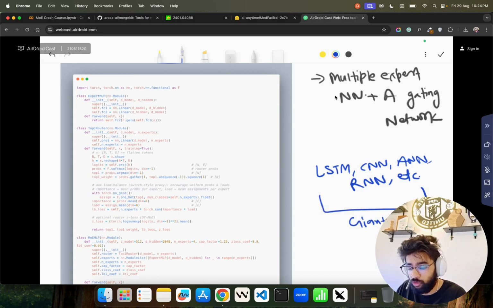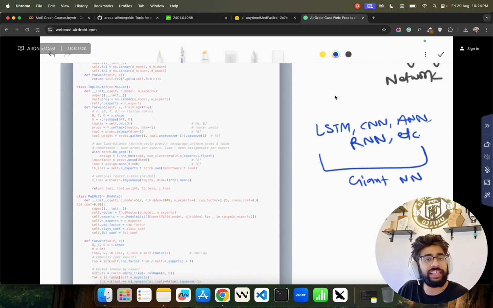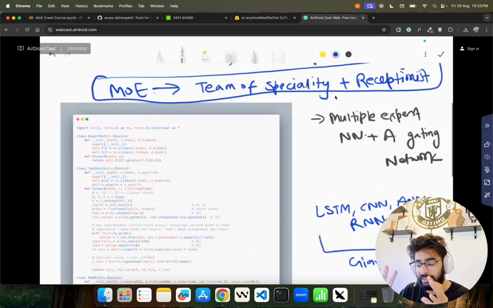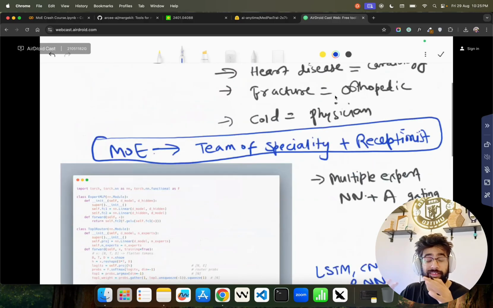So I'm writing giant NN. Now, they were basically jack of all trades. They were not specialists in certain domains. So that's the problem. Now MOE is basically a specialist and the gatekeeper that decides who handles the case. So I hope you got, in very layman terms, the idea of the definition of it.